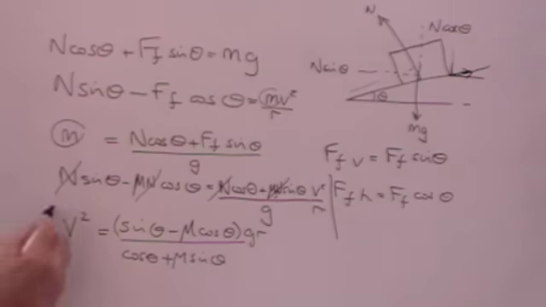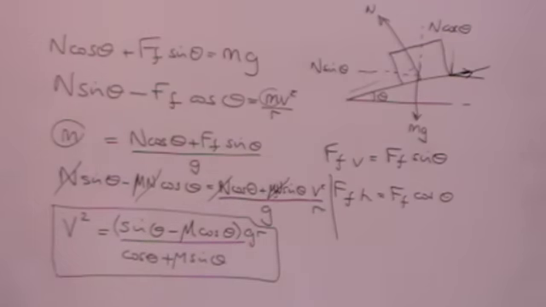And that now is the velocity for the minimum velocity as you travel around that bank. Any slower and the car will simply slide down the bank. And you'll notice that this formula is almost the same as the previous one for maximum, except that for the maximum velocity, this minus was a plus and this plus was a minus.